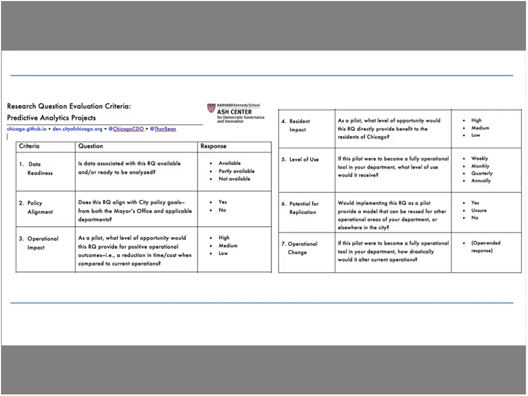Not a bad question. But to really get the best questions, we need to make sure that certain characteristics line up so that the project is feasible. This includes taking any given use case and looking at it in terms of data readiness: is data associated with this research question available, and is it ready to be analyzed? Policy alignment: is this a particular goal of the city?